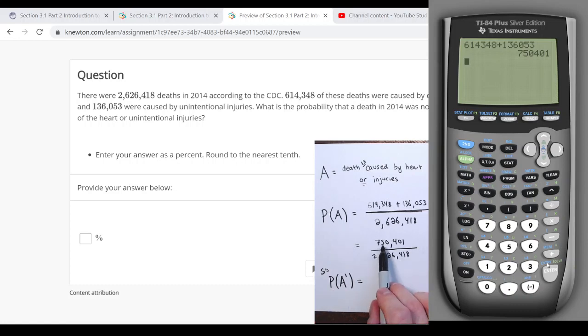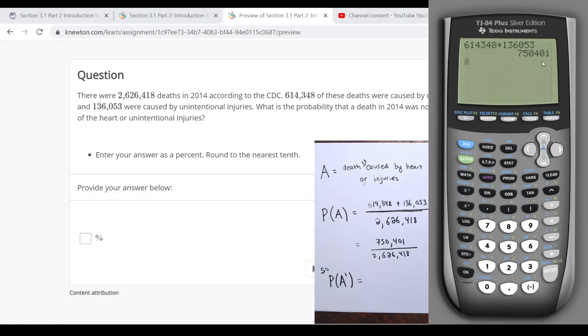All the rest of them, right? 750,401 were caused by these two. All the rest of them were not. So I'm going to take this 750,401 and subtract it from the 2 million something, 2,626,418.